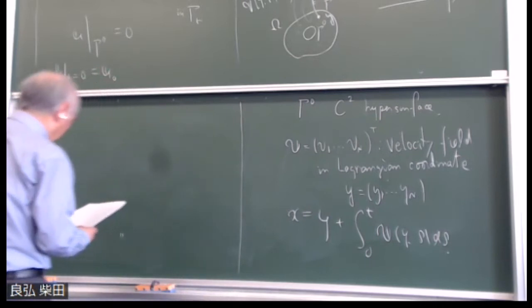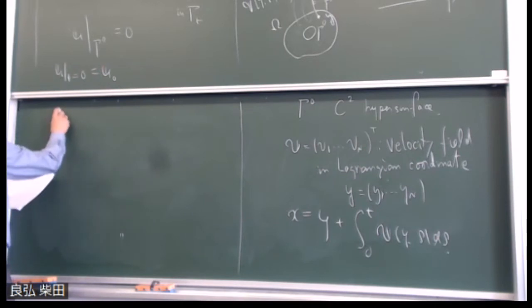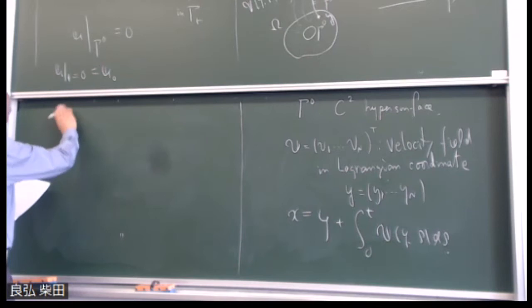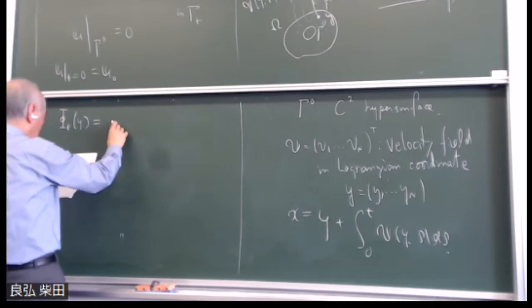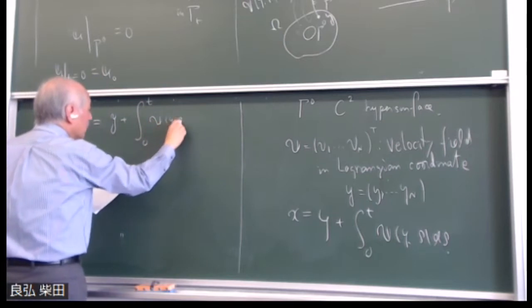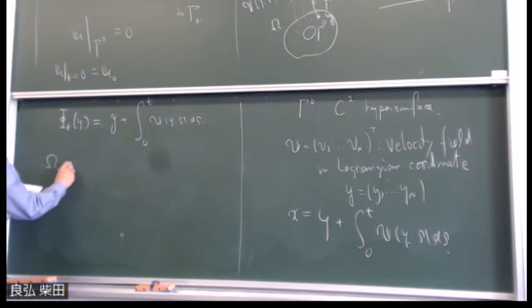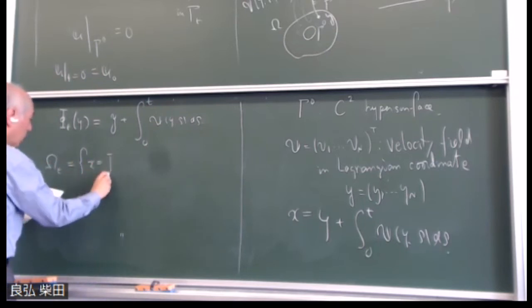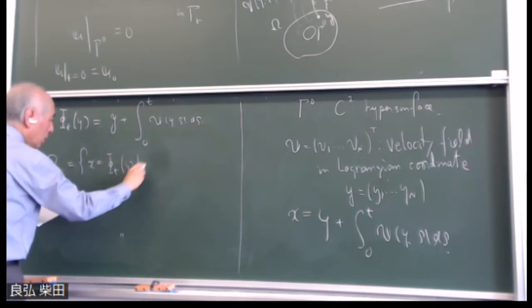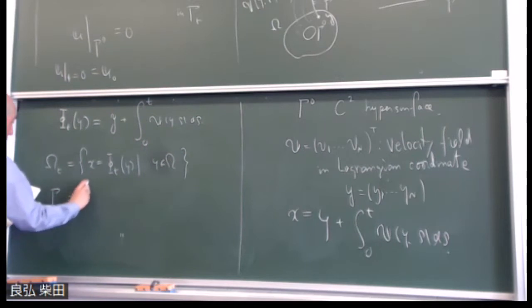Right. So let's write large Phi t as y plus the integral of v, on omega t and gamma.